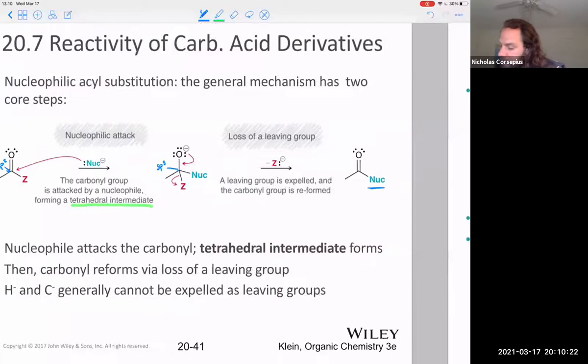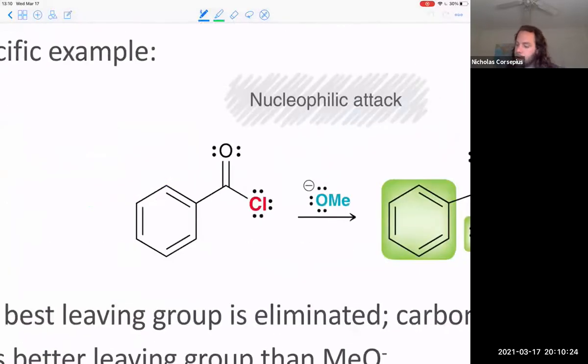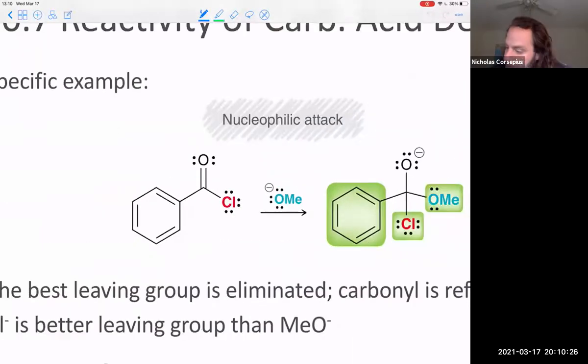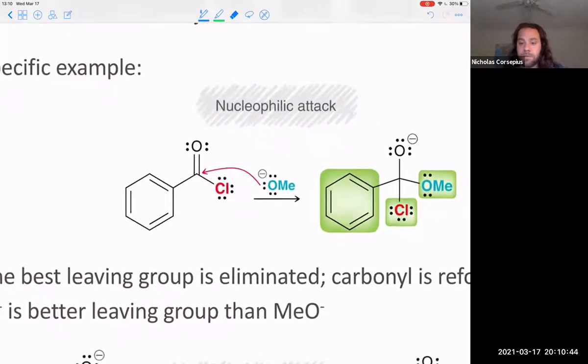So let's just do a specific example here. We have an alkoxide ion, the methoxide ion, reacting with an acyl chloride. So what's going to happen is we're going to have our nucleophile attacking that electrophilic carbonyl carbon, forming the world famous tetrahedral intermediate. And when we get to our tetrahedral intermediate, what do we ask ourselves?